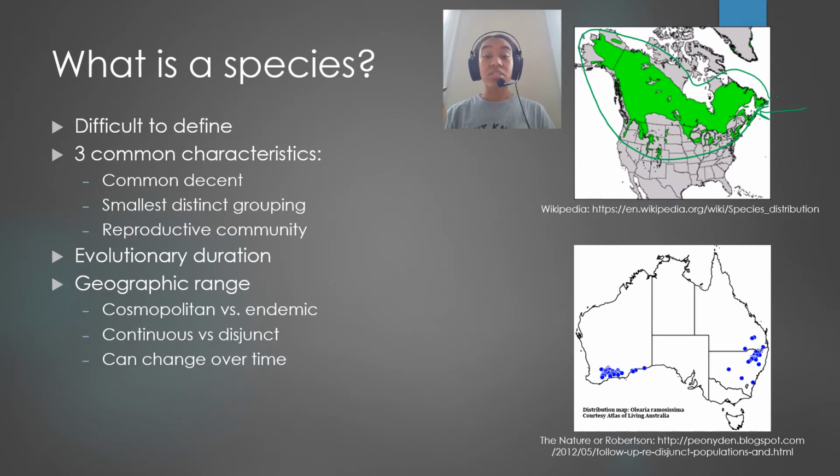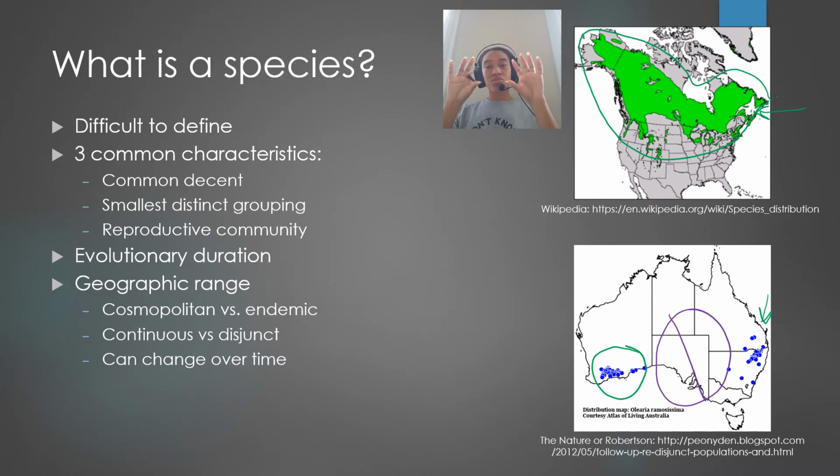But if you're a disjunct species, then you might have a couple of populations, but they're separated by an area where there are none of that species present. So these are two distinct populations of the same species that are separated by a space where no members of that species are present.